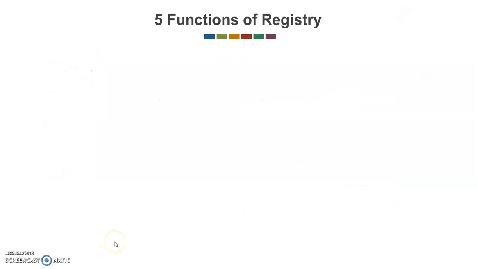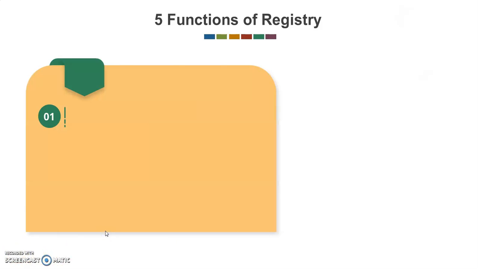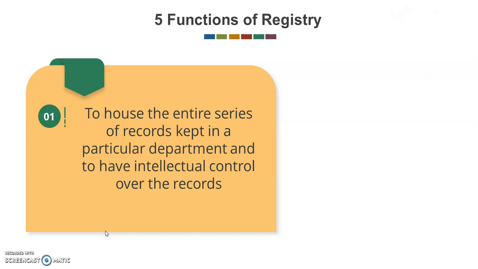There are 5 functions of registry that you need to know. First, the function of the registry is to house the entire series of records kept in a particular department and to have intellectual control of the records. It means the registry is the place where we keep all the records that we have, whether we receive them from outside the company or they are created within the company.